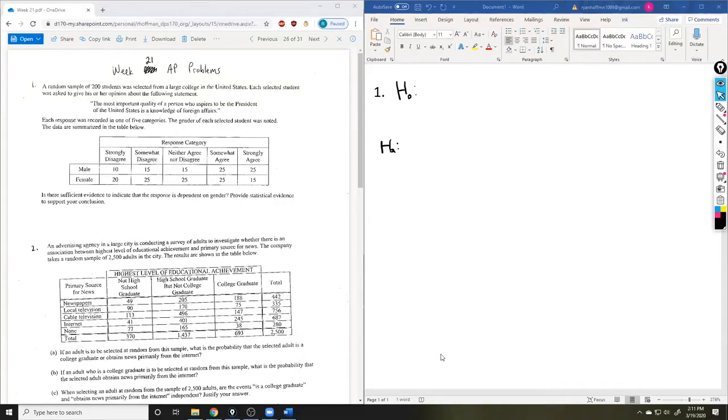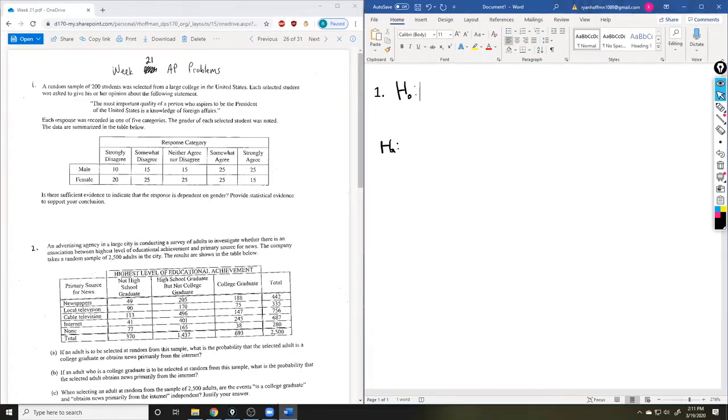All right, so for our null and alternative here, null hypothesis, we can state it in 2 different ways. I'm going to state it with association because I think that's the easier way to phrase it.